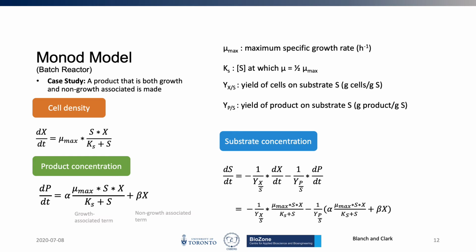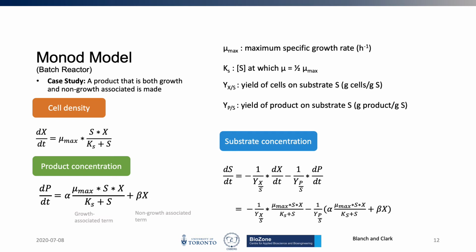As a result, you can see dS by dt has two so-called consumption terms. One shows how much of the substrate is being consumed for biomass production, and the other shows how much substrate is being consumed for product production.